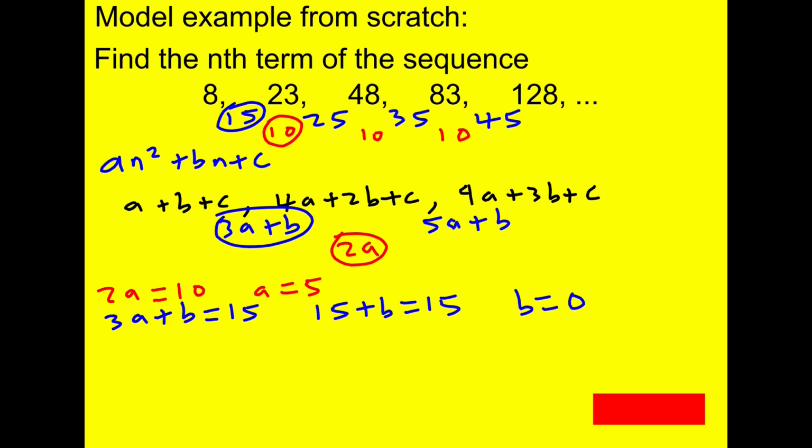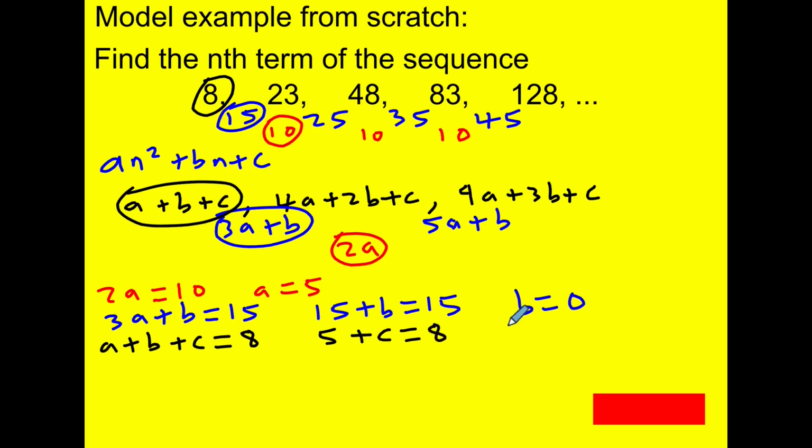And then finally, compare a plus b plus c with 8. So 5 plus 0 plus c equals 8, c equals 3.